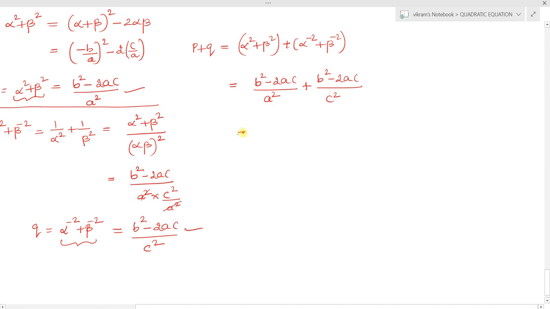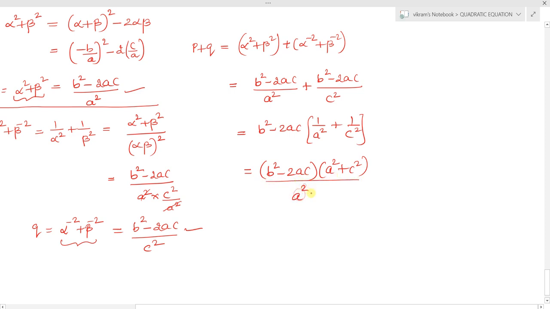If we take b square minus 2ac as common, we get 1 by a square plus 1 by c square, which equals (b square minus 2ac) into (a square plus c square) by (a square c square), which is the sum of the roots.